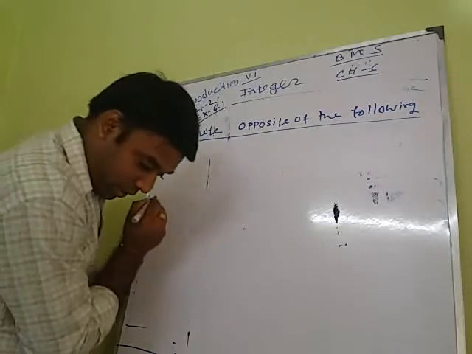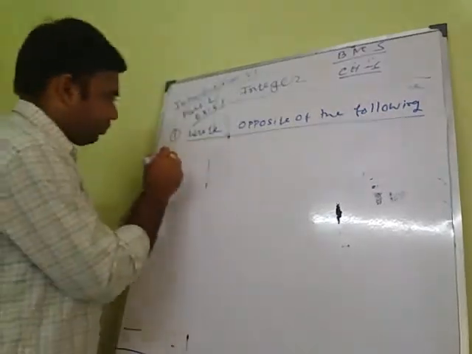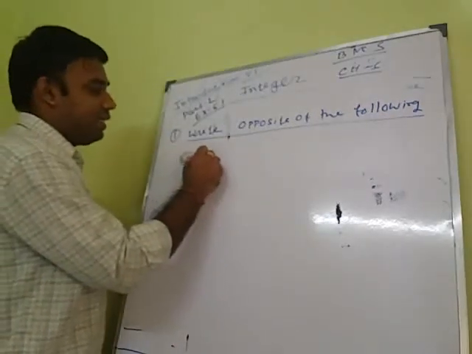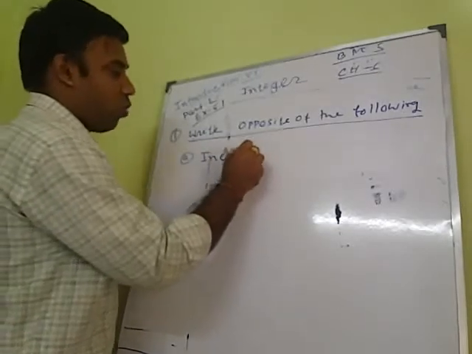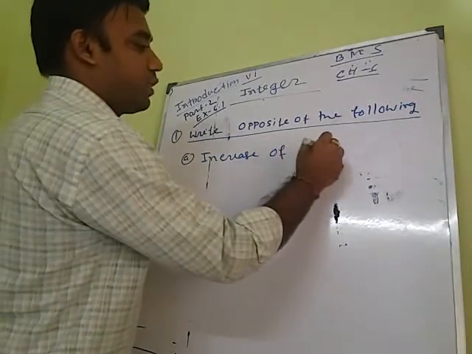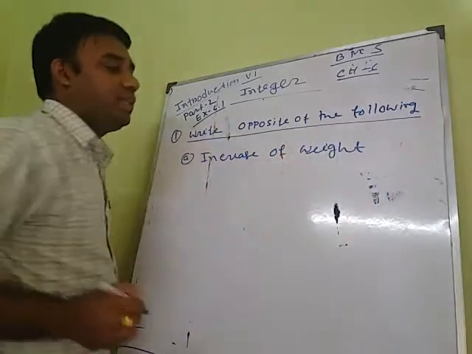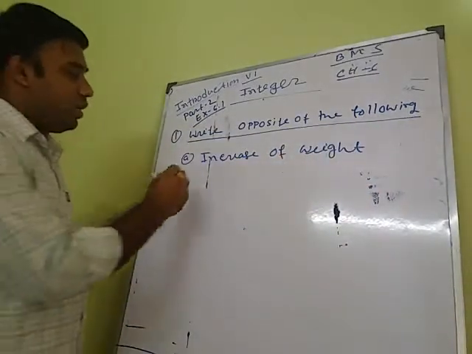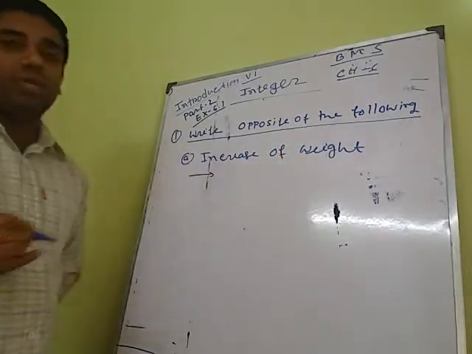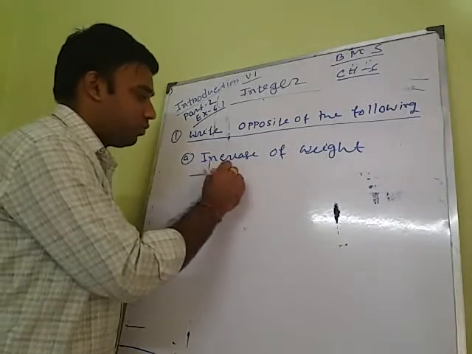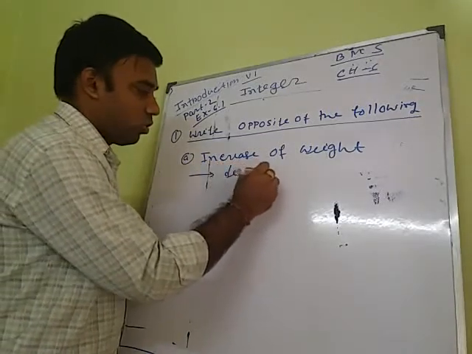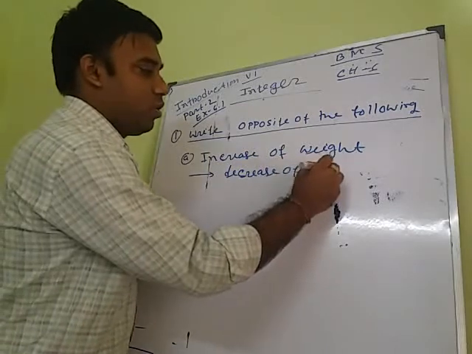First of all, it is given in part A, increase of weight. What will be the opposite statement of increase of weight? That is decrease of weight.